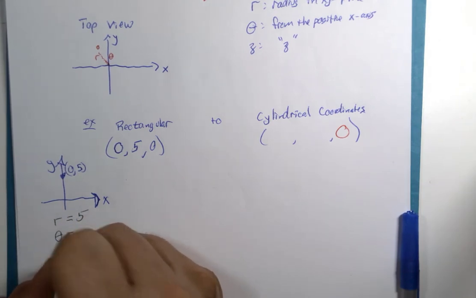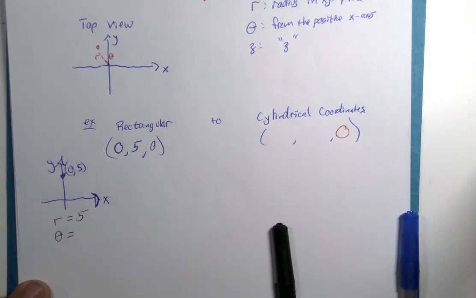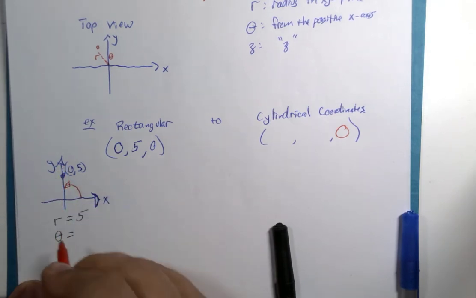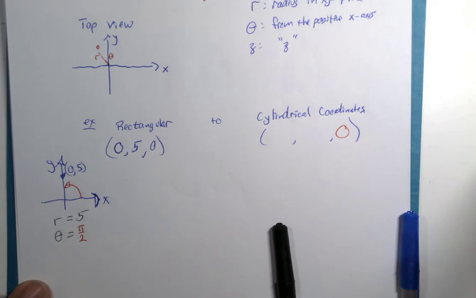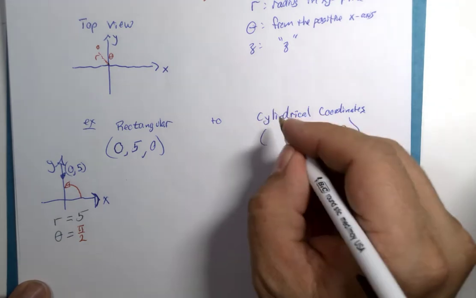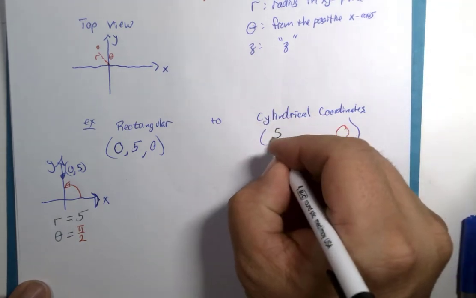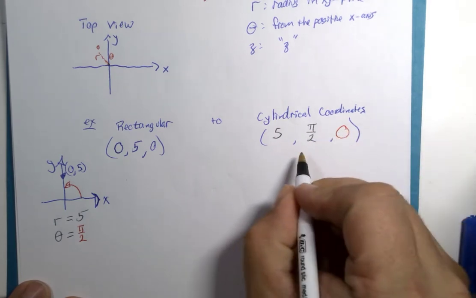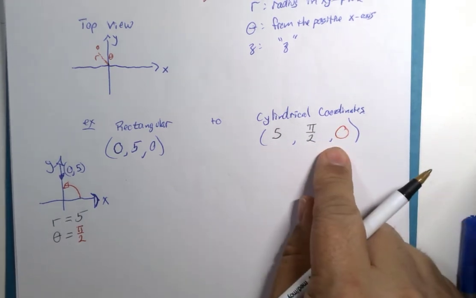And you guys see it? Theta is pi divided by 2, pi halves. So if r is 5 and if theta is pi over 2, then this would be the cylindrical coordinates.